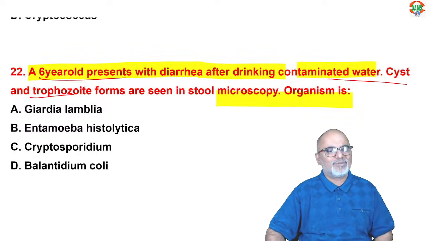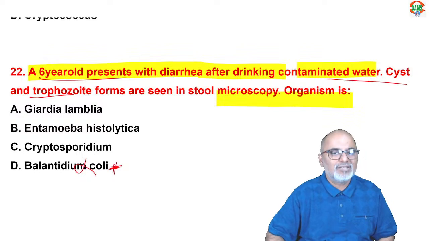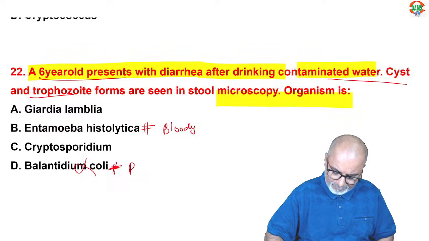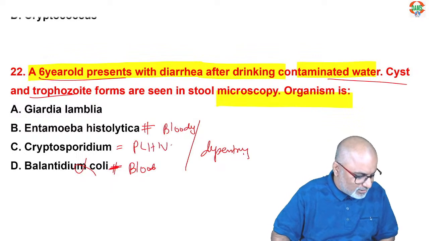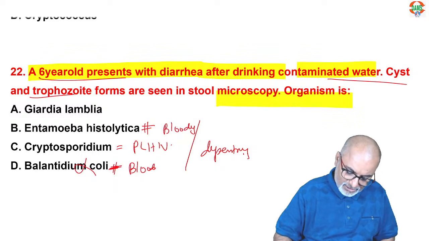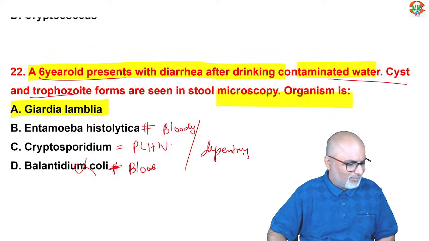I won't say it's Balantidium coli because Balantidium coli causes bloody diarrhea. Entamoeba histolytica causes bloody dysentery. Cryptosporidium is seen in immunocompromised HIV positives. Okay, Giardia lamblia.